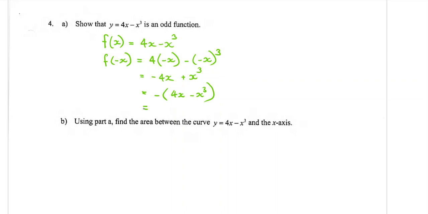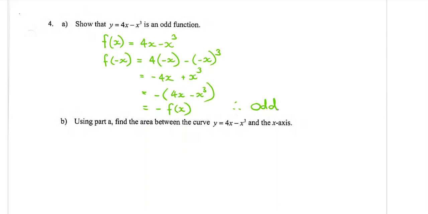So I write down here that is equal to minus f of x. I started with f of minus x, I show my working out, and I get to minus f of x, which means I can say, therefore, this is an odd function. Now that is helpful to know, because if I'm trying to find areas of things, if it's odd, that's going to tell me that certain bits of areas are going to be the same, hopefully.